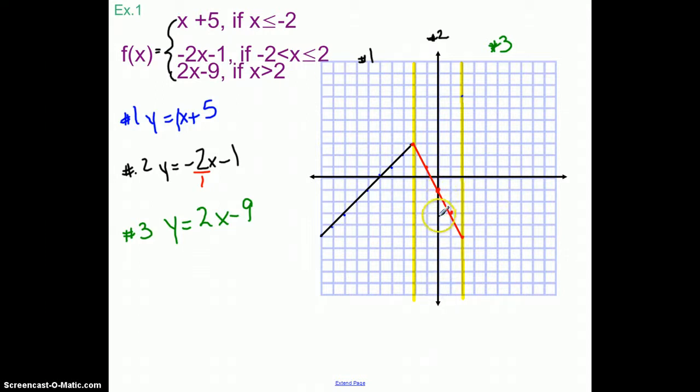So 1, 2, 3, 4, 5. So if I go down to my y-axis, I want to find where it's 9. So 1, 2, 3, 4, 5, 6, 7, 9. So there's my spot. Now my slope is 2 over 1, which means it goes up 2 over 1.